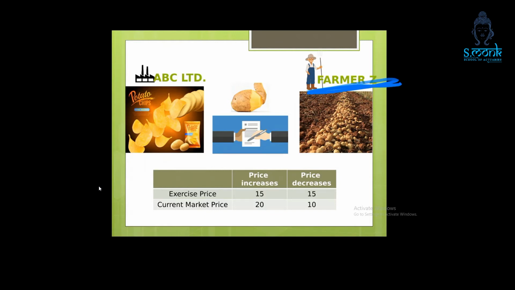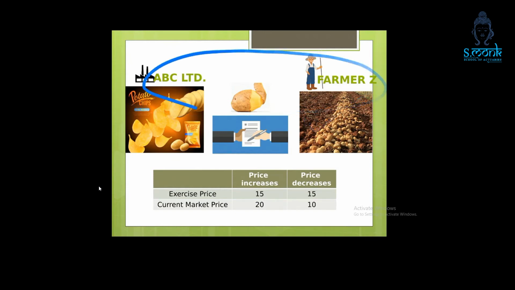He has taken all the necessary precautionary measures to ensure production of at least 2 quintals of potatoes. ABC approaches Farmer Z and offers to purchase 1 quintal of potatoes at a price of 15 per kg after 6 months. Farmer Z accepts the contract and a forward contract between ABC and Farmer Z is established.